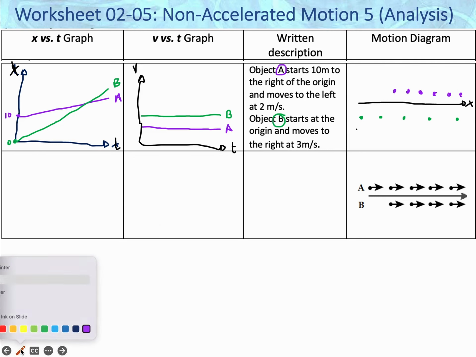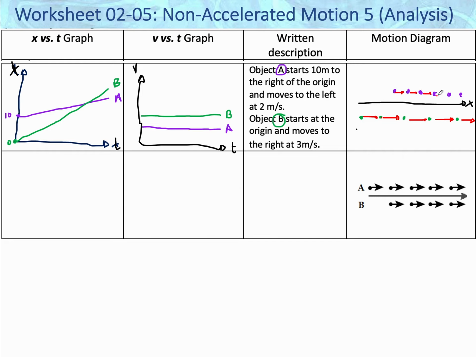And then adding velocity vectors to those real quick, just so you can sort of visualize it. Yeah, B is moving faster than A is. And this one's slower.